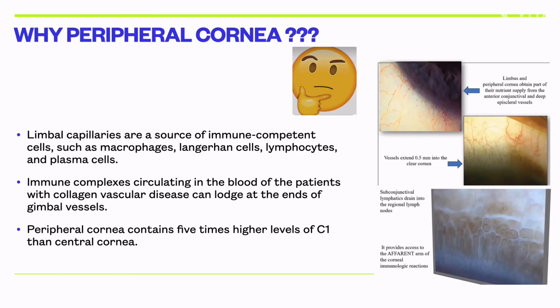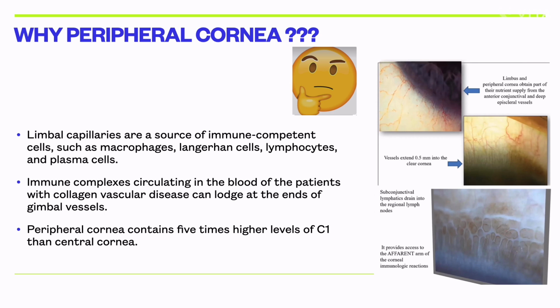Now, why does PUK specifically affect the peripheral cornea? Firstly, because the limbal region is highly vascularized, unlike the central cornea. These limbal capillaries contain immunocompetent cells such as macrophages, lymphocytes, and plasma cells. Second, in patients with collagen vascular diseases, circulating immune complexes tend to deposit at the terminal ends of limbal vessels. This makes the peripheral cornea more vulnerable to immune-mediated damage.